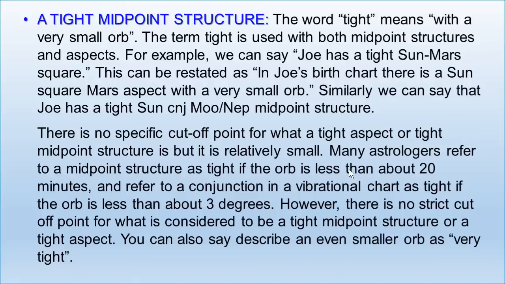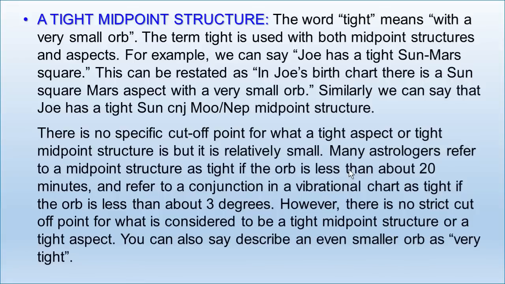What would be an example of a small orb? I would say if you have a midpoint structure with less than about a 20-minute orb, that's tight. Less than a 15 or 20-minute orb. If you have Sun conjunct the Moon-Neptune midpoint with less than a 15 or 20-minute orb, something in that range, that's tight. Tight is a nice word to use because it specifically means small orb.